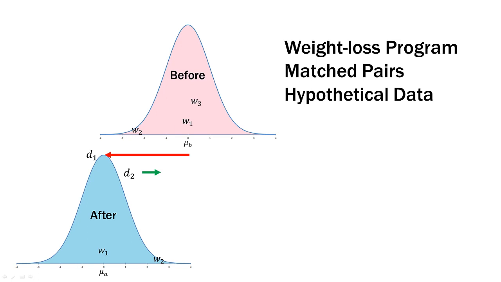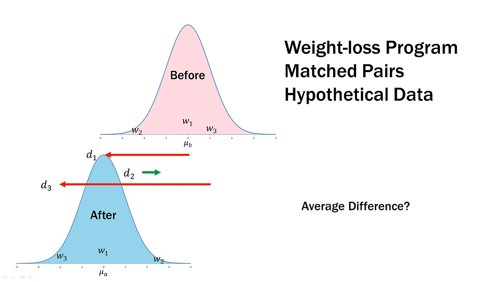Now person 3 comes along, and their weight starts here, where W3 is. Now after the program, his weight is down here where W3 is in the after distribution. That's quite a difference. So D3 is his weight loss during this program. As you can see, it's quite dramatic.